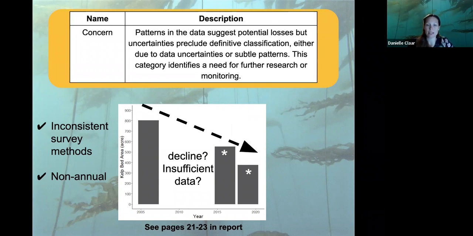The two later time points with the stars in them were conducted with slightly different survey methods than the first bar. And there's a gap between the first time point and the latter two time points. So in this location, we need more data to understand whether this is a decline that will continue, or whether it's related to survey methods or short-term declines happening in an area. Next slide, please.